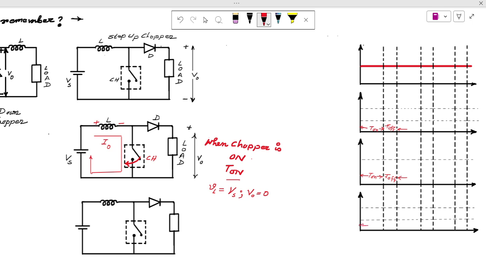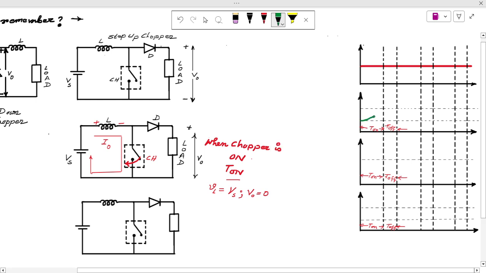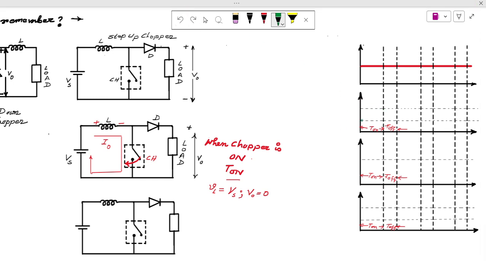Similarly, this is for T on and this is for T off. So in the on state, the current will increase along the path. The current will increase in this way, in this direction.